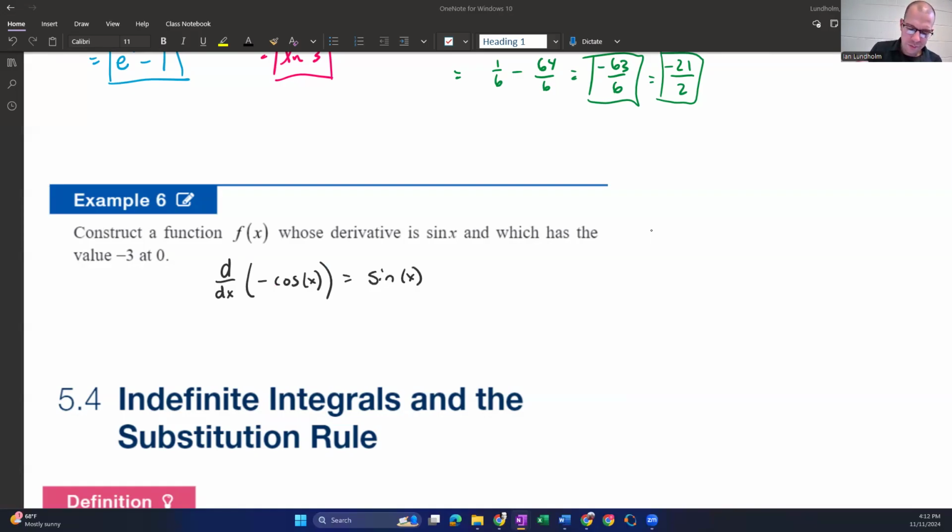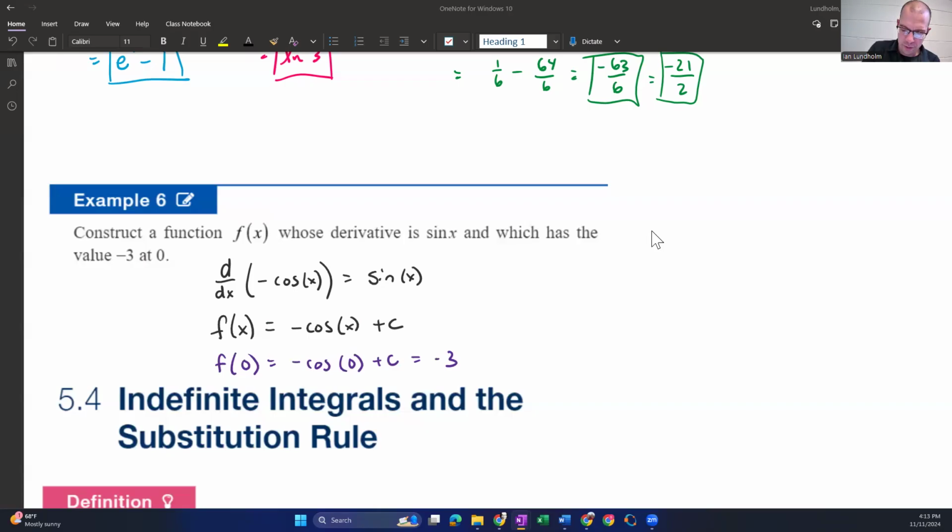So, if we're constructing f of x, negative cosine x plus c seems like a good general antiderivative. But in this case, at x equals 0, we want to set this to be equal to -3. So negative cosine of 0 plus c is equal to -3.